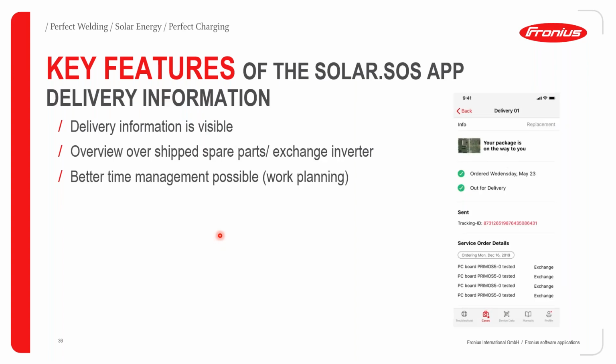So delivery of information. Delivery of information is, of course, visible. So this enables you to properly track your replacement component, for example. Here, as we have it on a screenshot, you have indications on when your package or your replacement device was ordered, or when it is out for delivery, and then, of course, a likely time of arrival. So this makes it possible for you, as an installer, to plan yourself and better manage your time.